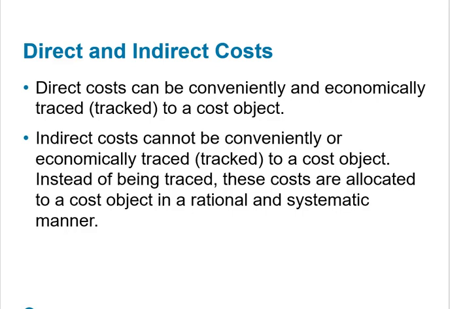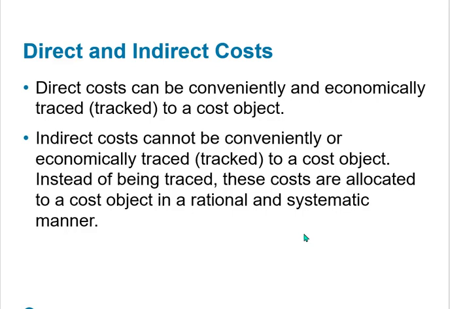And one way that we can differentiate between different types of costs is to identify them as direct or indirect. Direct costs can be conveniently and economically traced or tracked to a cost object. Okay, indirect costs cannot be conveniently or economically traced to a cost object.